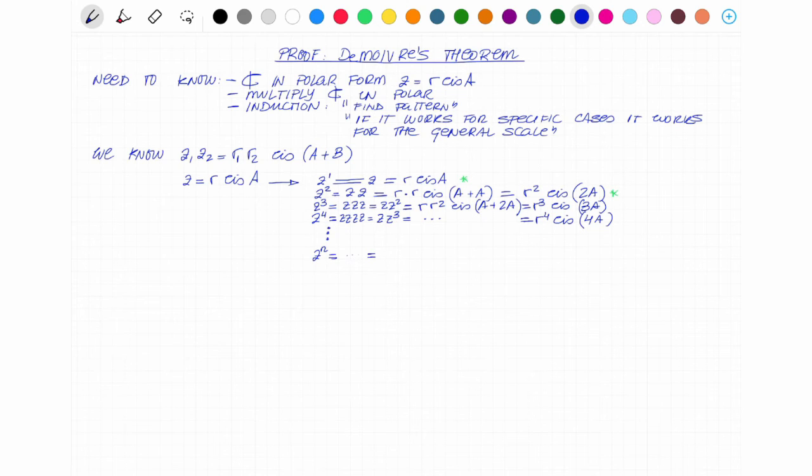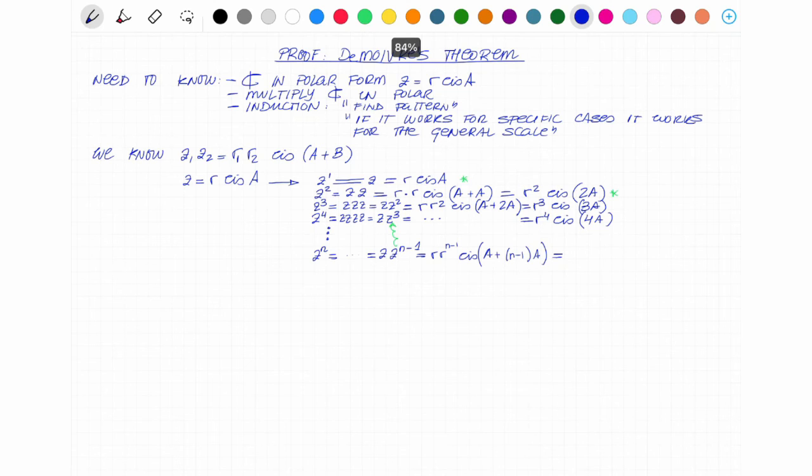Doesn't matter which n, it could always be z times z to the power of n minus 1. And eventually I would be able to get to there. So I know how this one is going to look. It would be r times r to the power of n minus 1, cis of a plus (n minus 1)a.